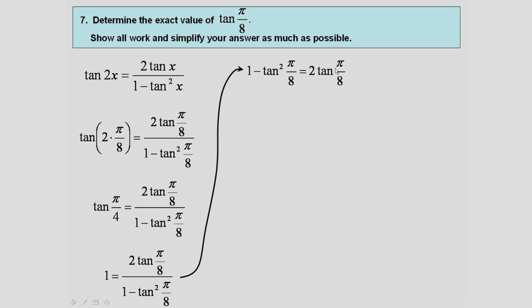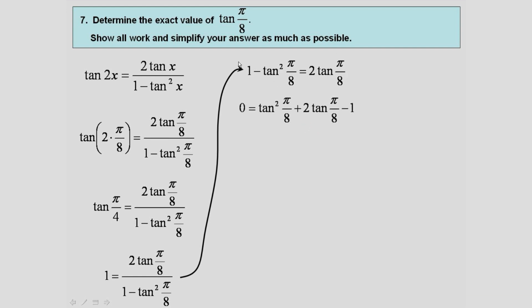Now, looking at this, we see that right away it's quadratic. It's a quadratic equation, a quadratic trig equation. And we think back to how we used to solve quadratics back in the day. And the best way to do this is to get everything on one side. Since tan squared pi over 8 is negative on the left-hand side, I'm going to choose to put everything on the right-hand side. So a little bit of rearranging gives us this, okay?